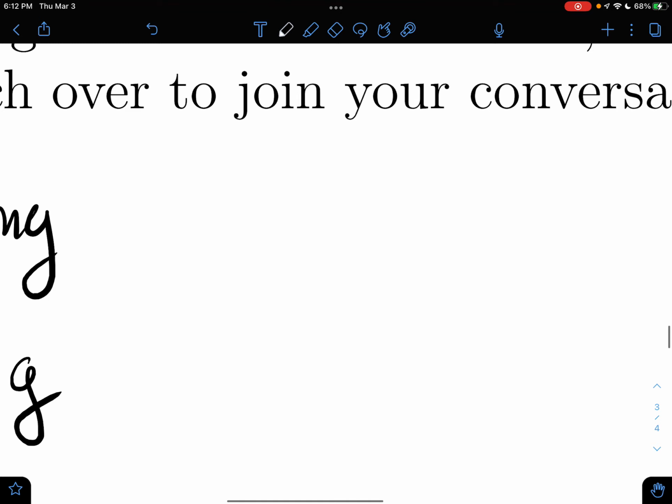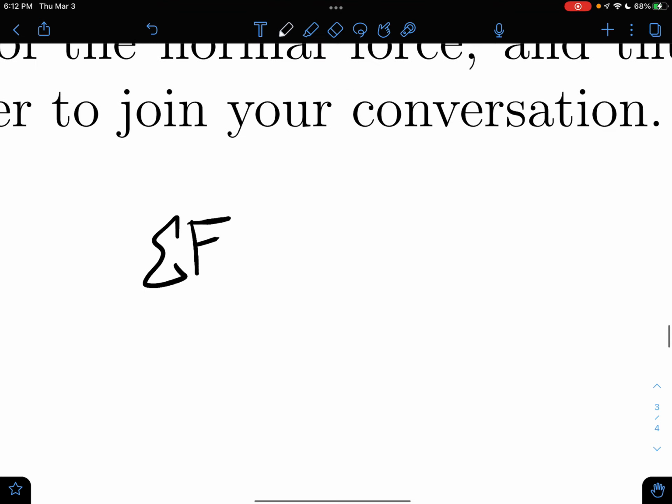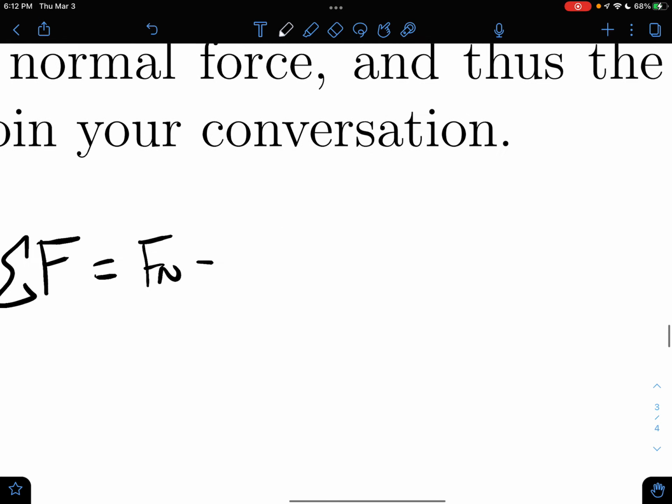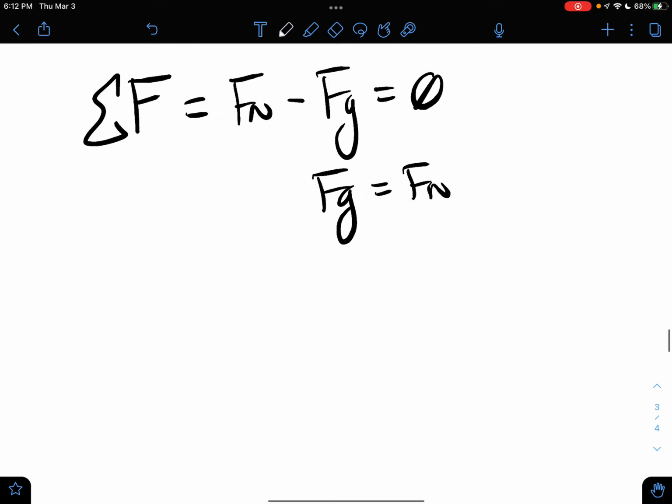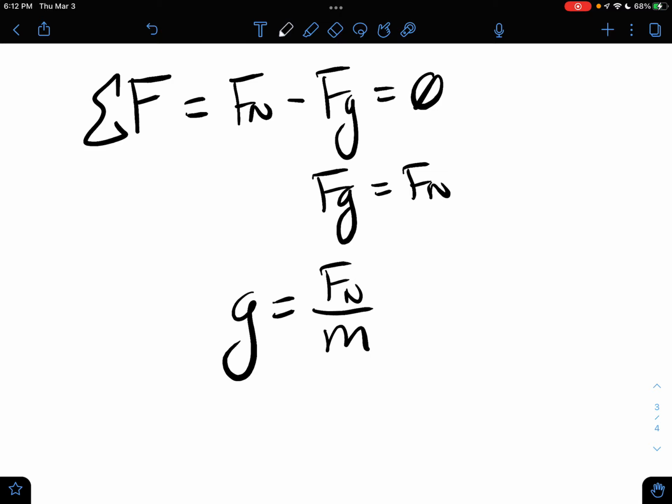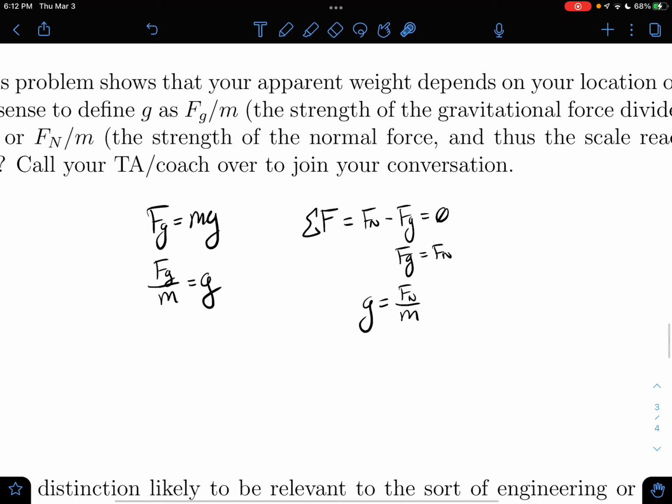Because if I do a normal sum of all forces and assume the acceleration is 0, our normal force minus our Fg has to equal 0. So we get that Fg is our Fn. So we can define g, in this case, as Fn over m. But we can measure our normal force.